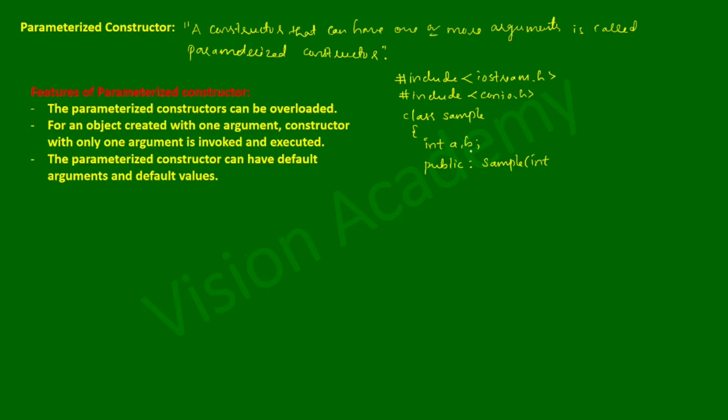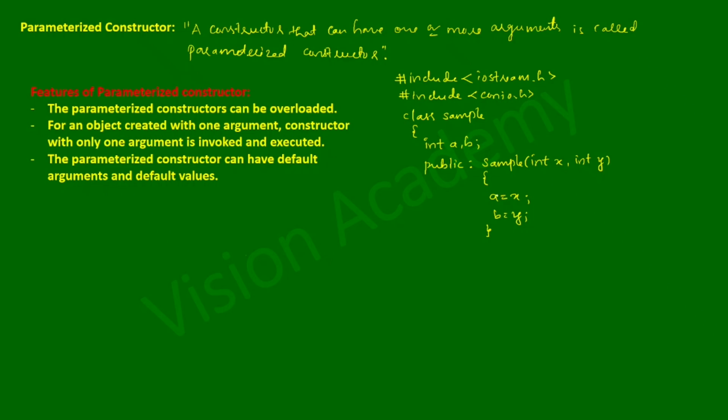Here we have got two data members, hence I have to take two arguments. I'll write here int x and int y. So data members a and b will be initialized with value x and y. So here a is initialized with value x and b is initialized with value y, and curly closing brace.